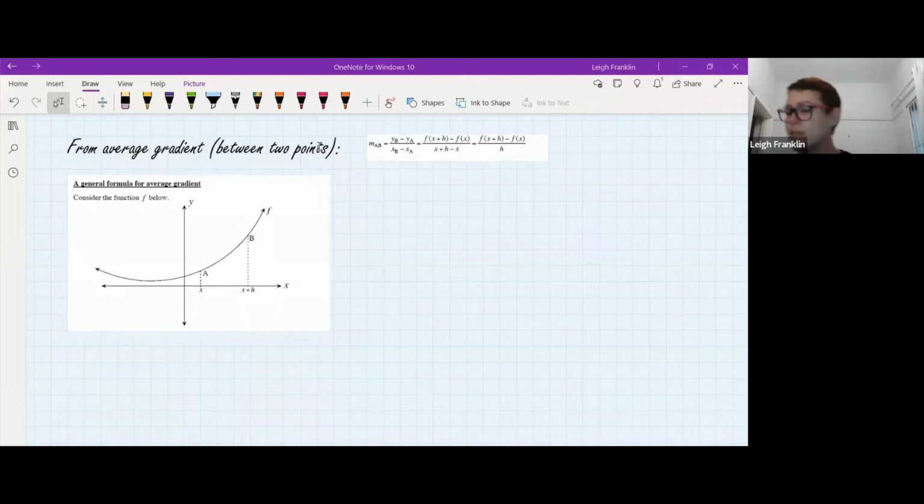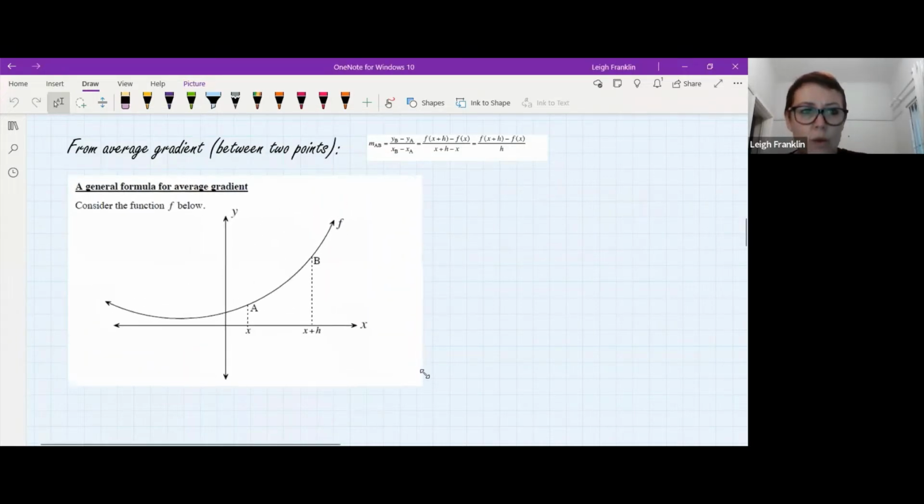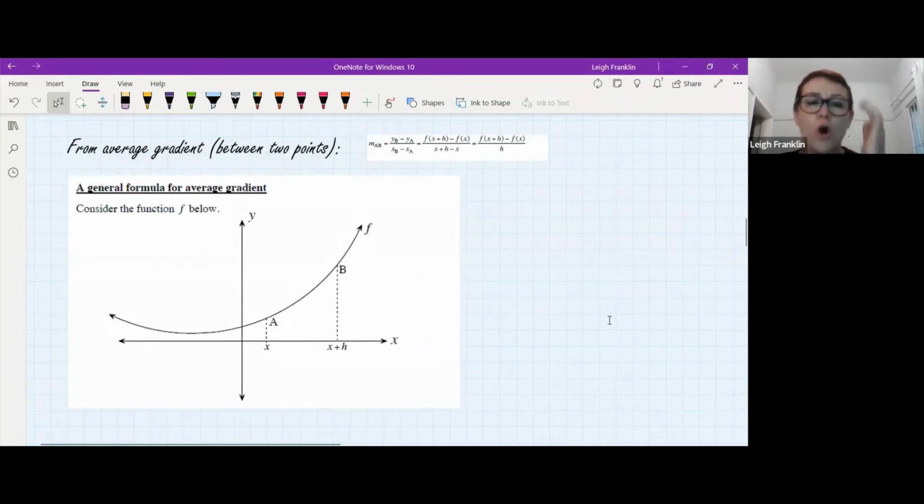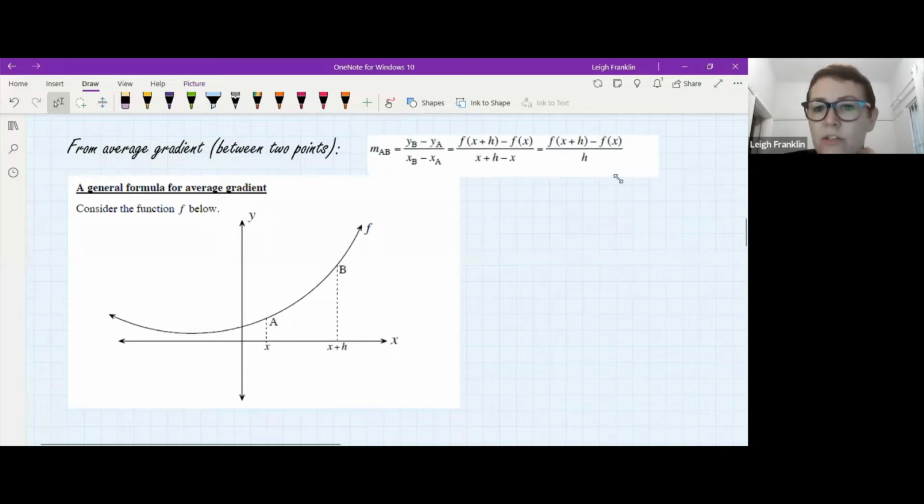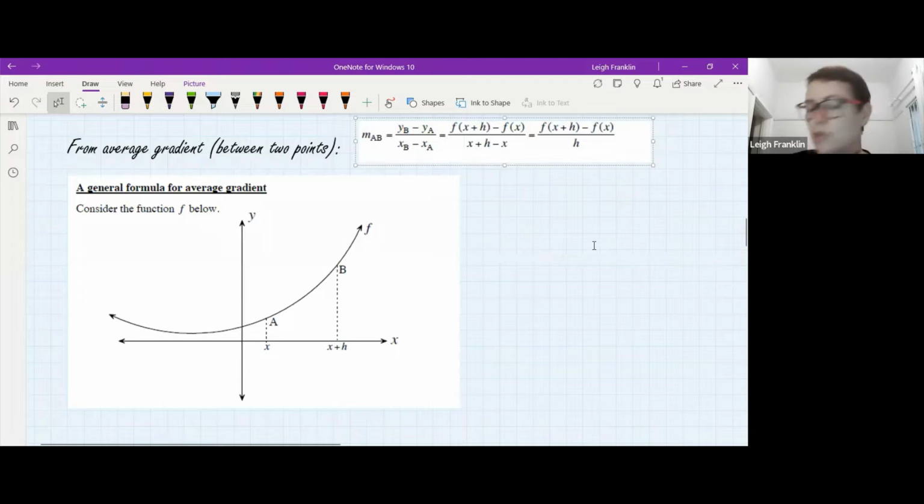So traditionally speaking, when we want to calculate gradient on a curve, we would use the gradient formula. So our bog standard garden variety, the gradient from A to B, would be this formula over here that I'm highlighting in blue. So the gradient from A to B is going to be the change in y over the change in x.